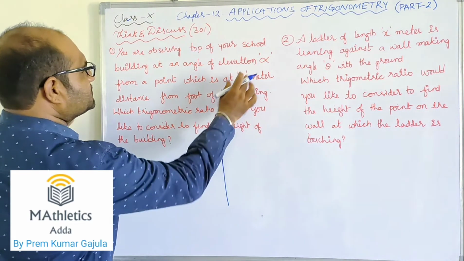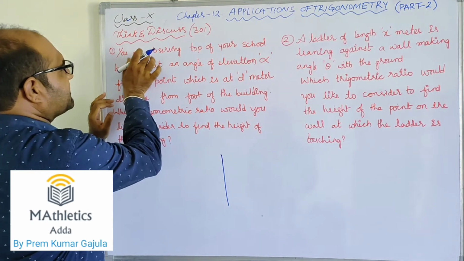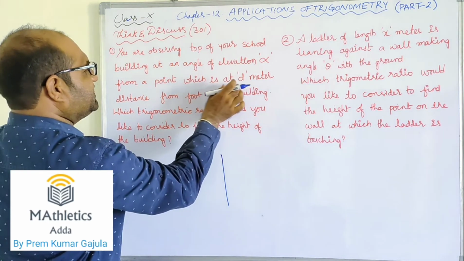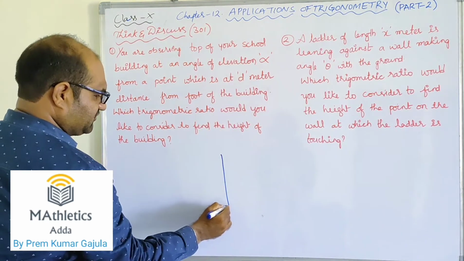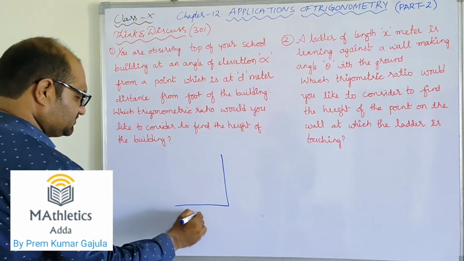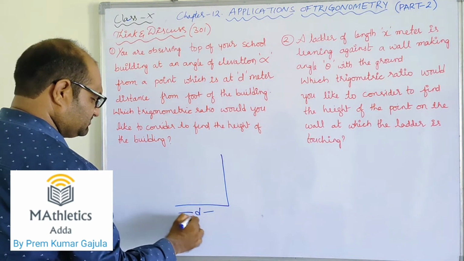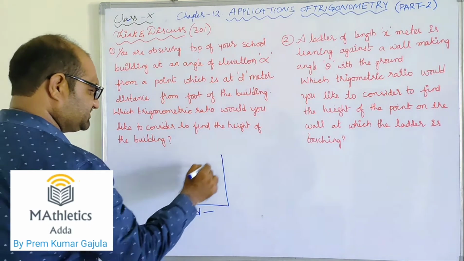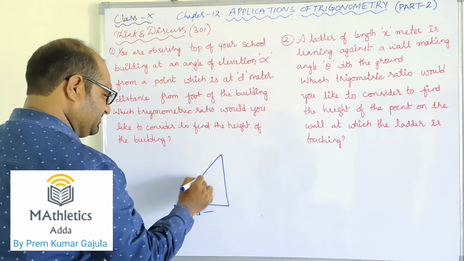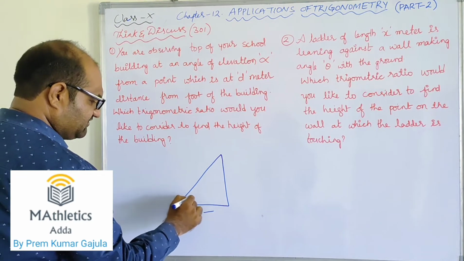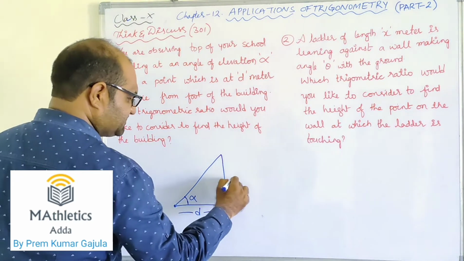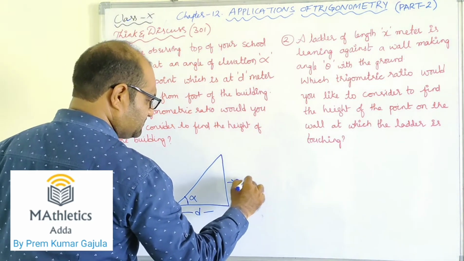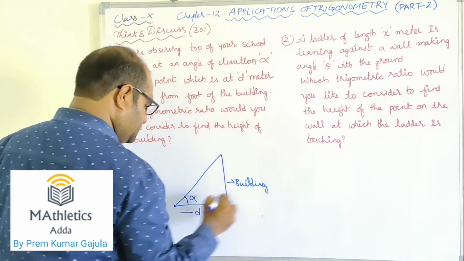The observer is at a d meter distance away from the foot of the building. This is the point where the observer is, and the observer is observing the top of the building at an angle of elevation alpha. This is the building. Here is the observer.